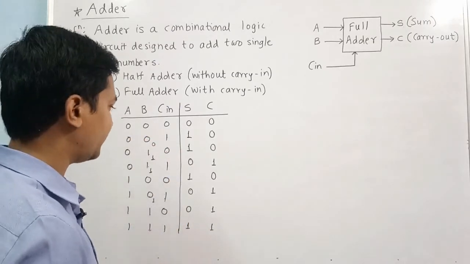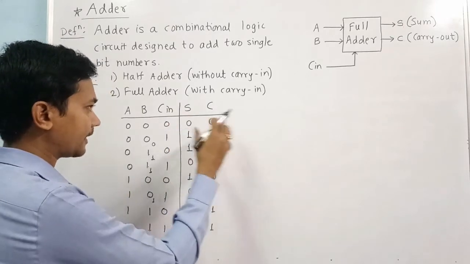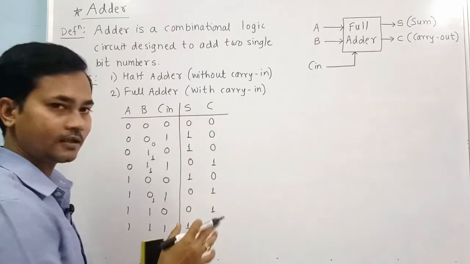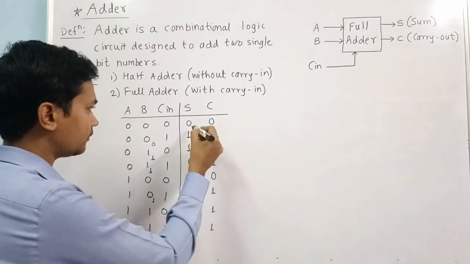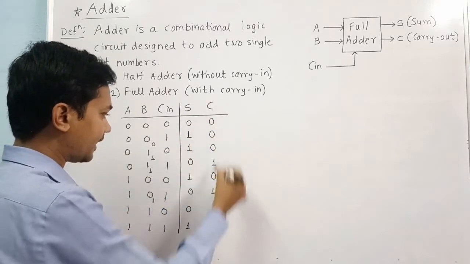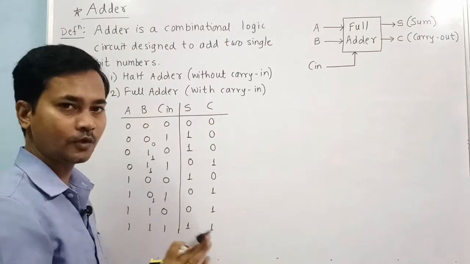Now we have to implement the K map. First we will draw the K map for 3 variable input. For summation and for carry out we have to draw 2 K maps.